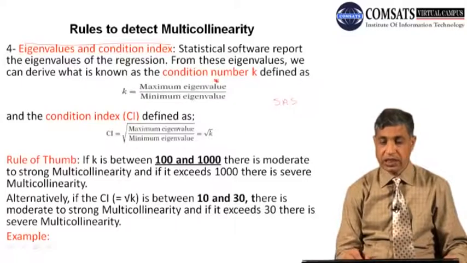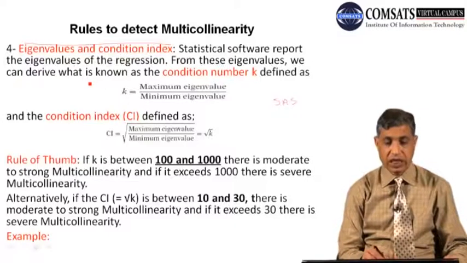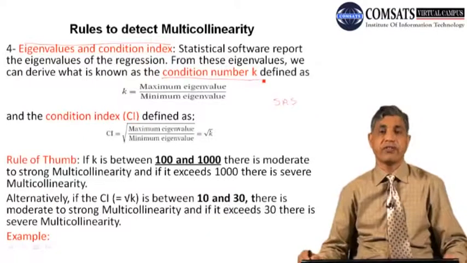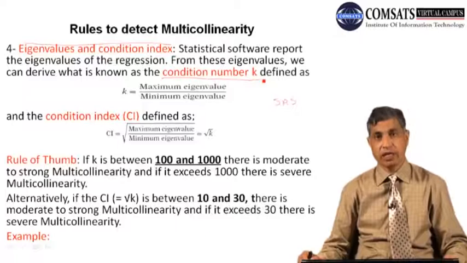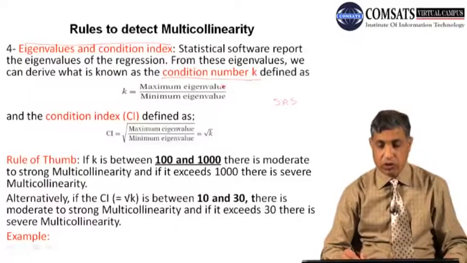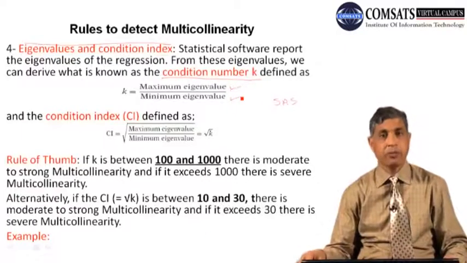For example, from these eigenvalues we can derive what is known as the condition number k. How can this be derived? The k is equal to the maximum eigenvalue divided by the minimum eigenvalue.